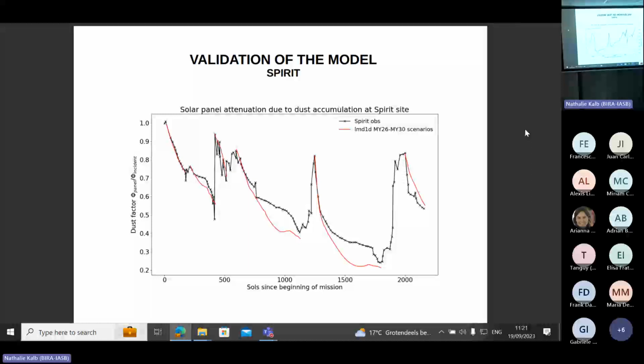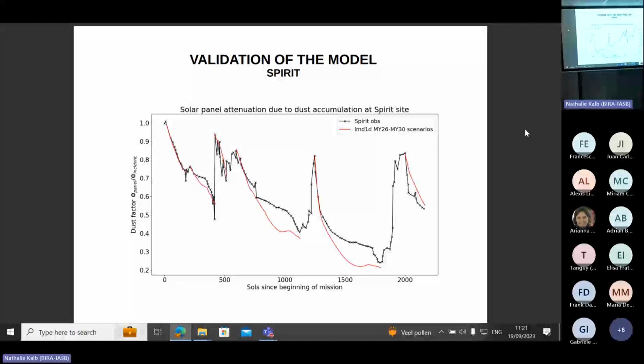And what I show here is the comparison for another mission, the Mars Exploration Rover mission, first Spirit. As I said before, here we don't have access to the electrical current of the solar panel of the mission. We have only access to what is called the dust factor.